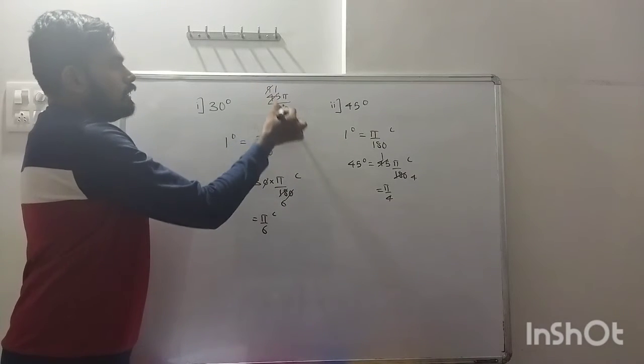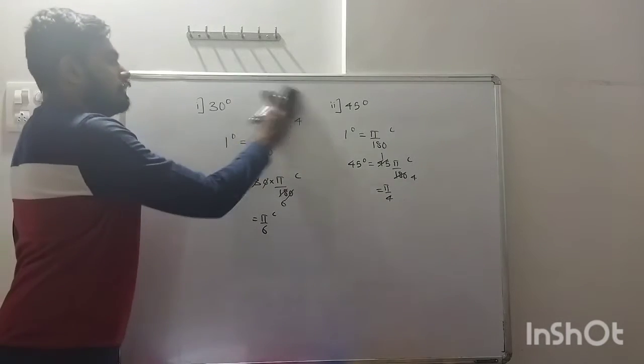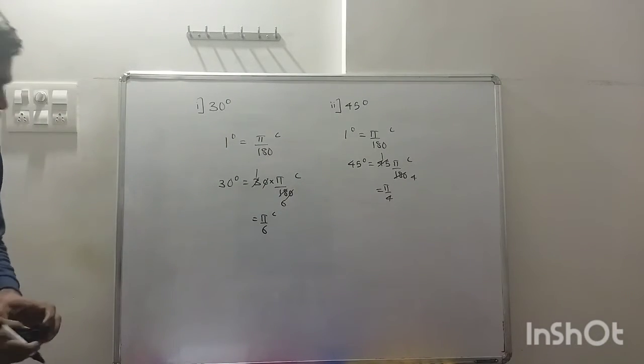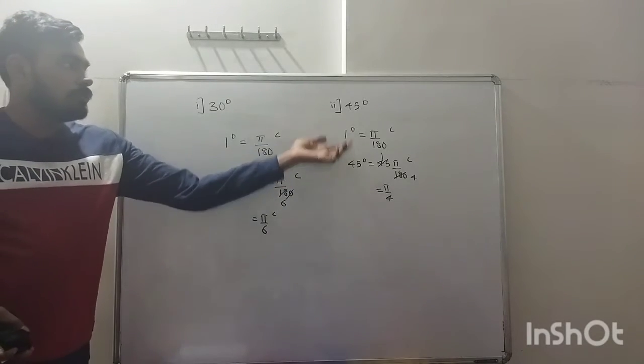So 9 1s are 9, 9 4s are 36. Understood? The same thing we get. This way we convert angles from degrees to radians.